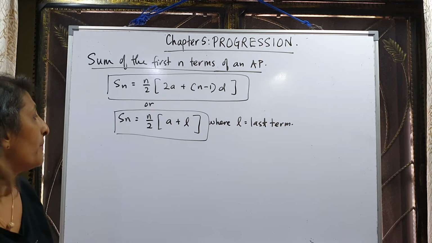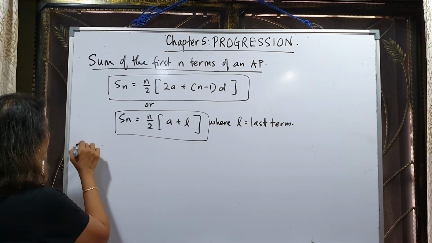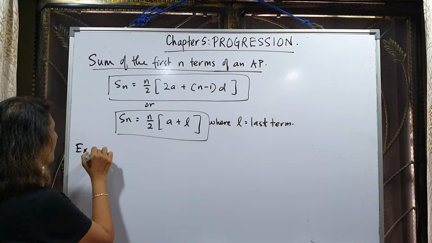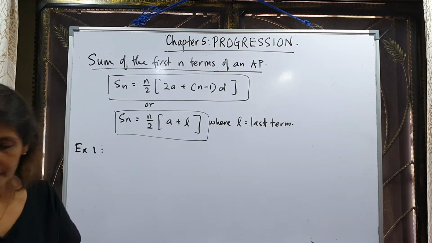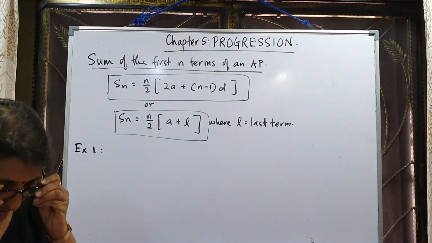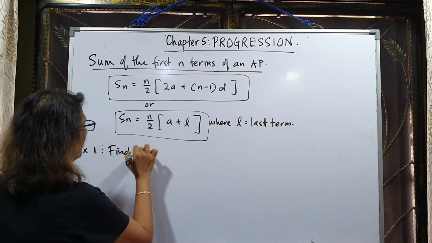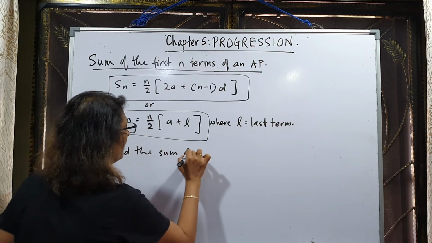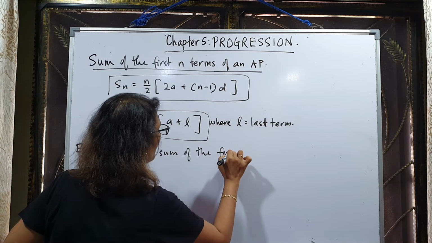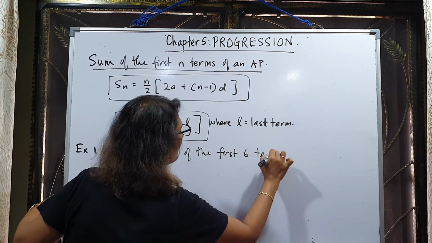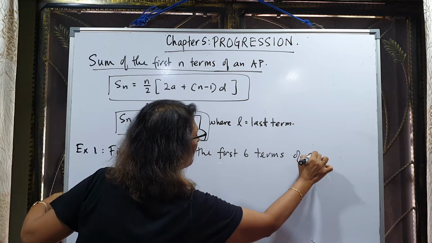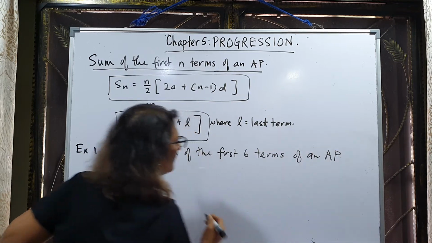Okay, let's look at some examples. Say, for example, find the sum of the first 6 terms of an arithmetic progression.